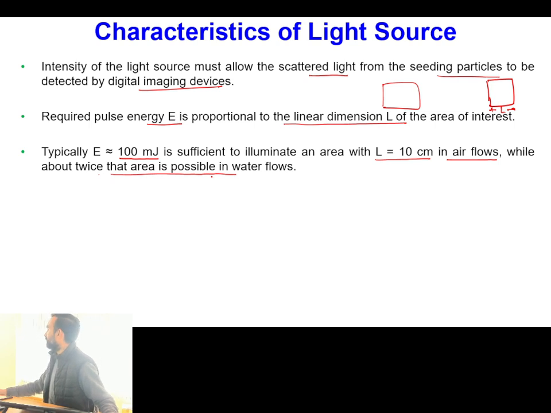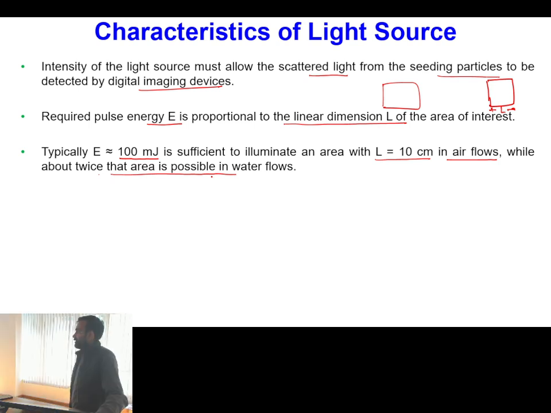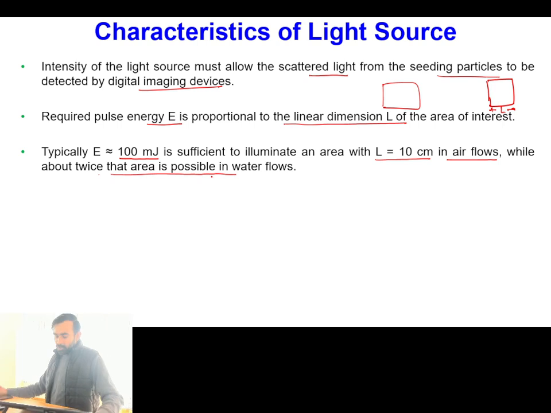The one present in the water. Okay, so that is the reason, because of its light transmitting capacity, you will observe that in water, with the same laser, you can visualize more area.